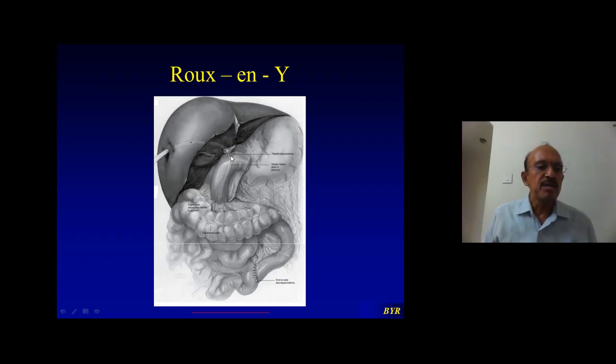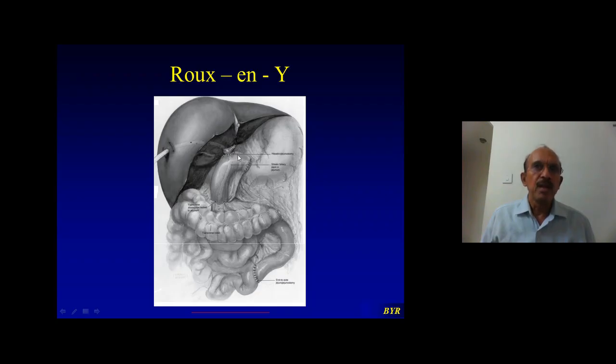Yes, it is a jejunojejunostomy, end to side, the end of the proximal loop anastomosed to the side of the loop. Yes, you are right. It is an end to side jejunojejunostomy. And for this loop, again, the hepatic duct is anastomosed to the side of the jejunum, not to the end, because technically it is easier to make a small hole in the side wall of the jejunum and do the anastomosis with the duct, rather than anastomosing a large diameter end of the jejunum to the bile duct.